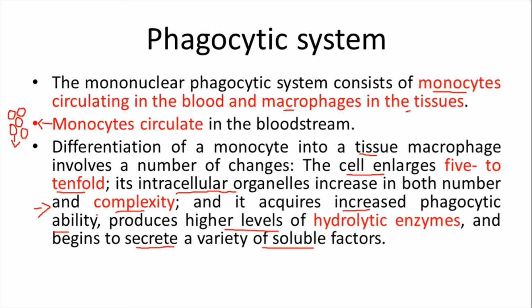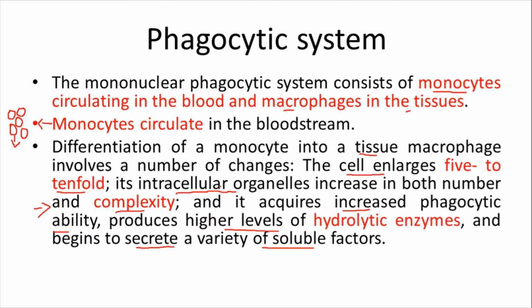Some of the biochemical differences: they increase the cellular organelles like mitochondria, endoplasmic reticulum, ribosomes, lysosomes. Why are they increased? Because macrophages do a variety of functions. For energy, migration, or phagocytic purposes, they need energy and they need proteins.